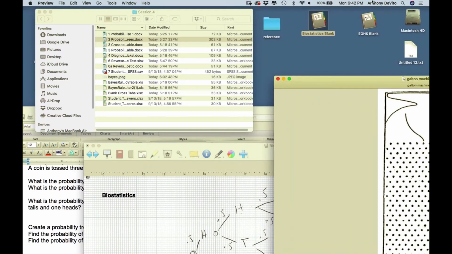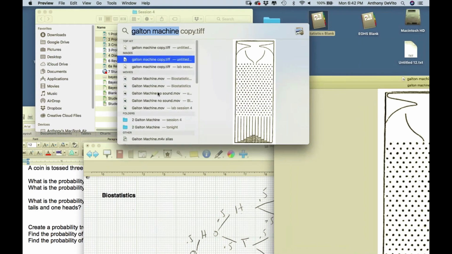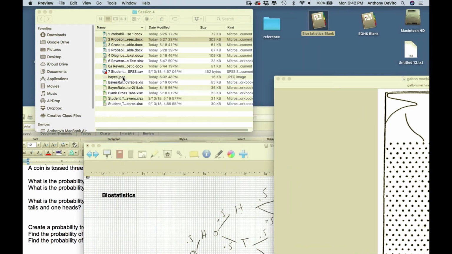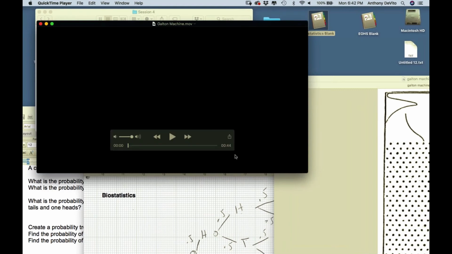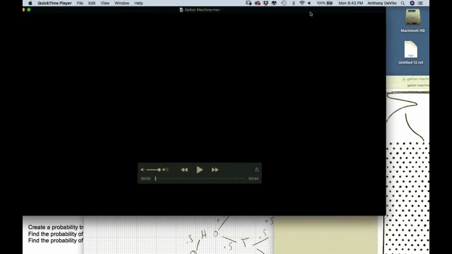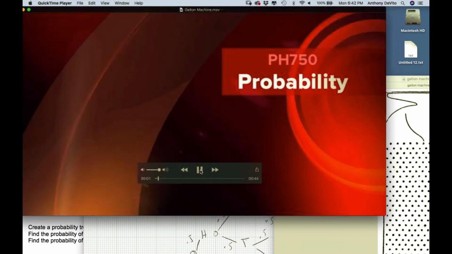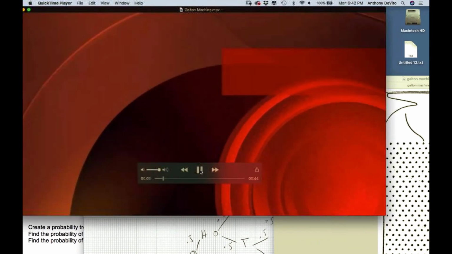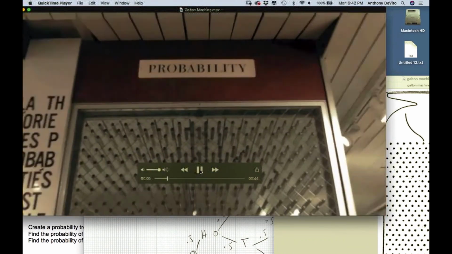Okay, and let me see if I can't get back to this. Hopefully I can get a version of this that's big enough. Okay, see if this works. Okay, this is at the New York Hall of Science. There you go.